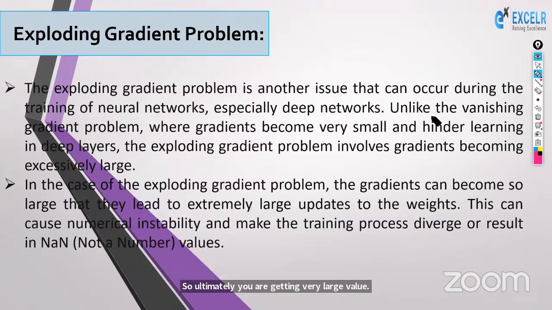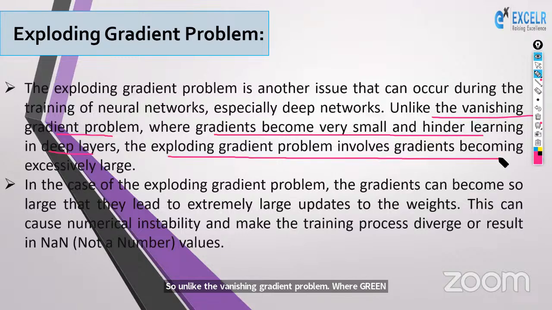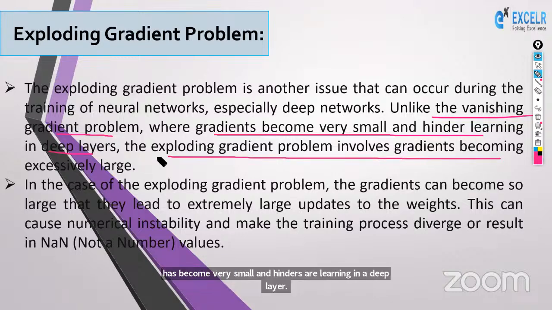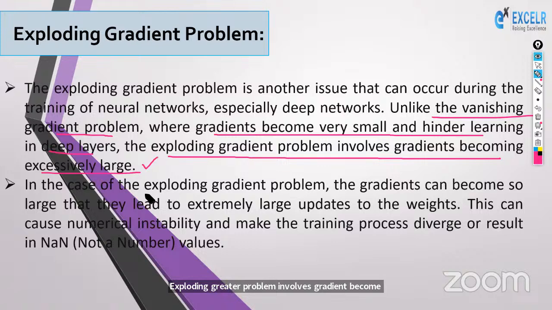Unlike the vanishing gradient problem, where gradients become very small and hinder learning in the deep layers, the exploding gradient problem involves gradients becoming excessively large, so large that they can lead to extremely large updates to the weights.